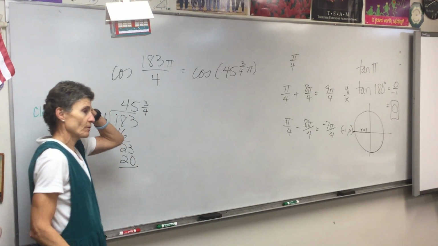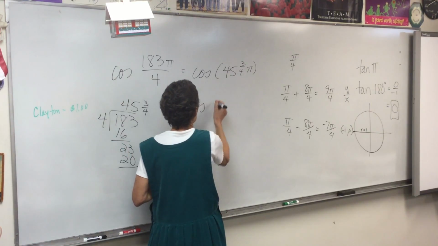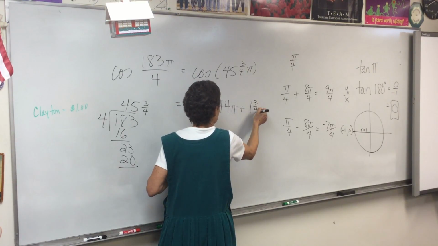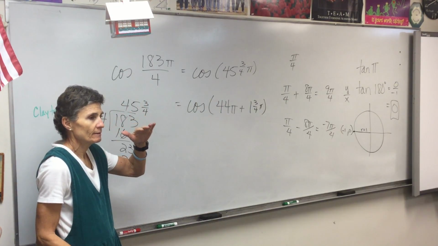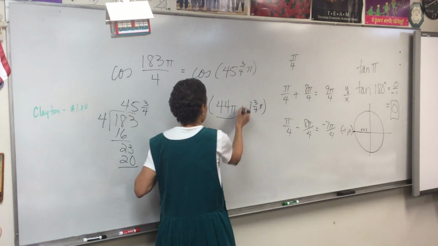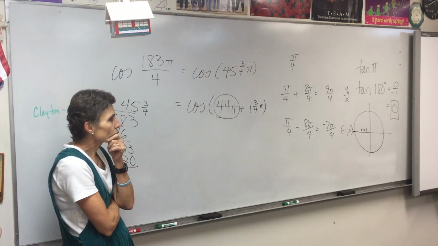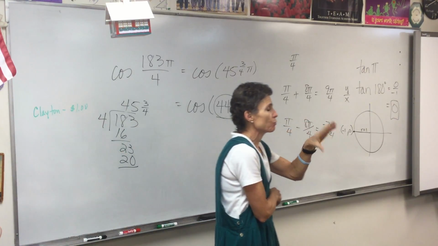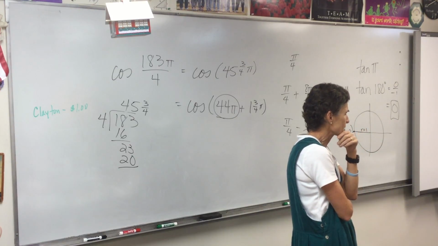Now, why is that helpful to think about? Well, I'd like you to think of that 45 as 44 pi and then 1 3/4 pi. Now, just hang in there for a minute. Tell me about 44 pi. Well, forget the 180 and times all that. Think about just what does 44 pi look like if you draw it?